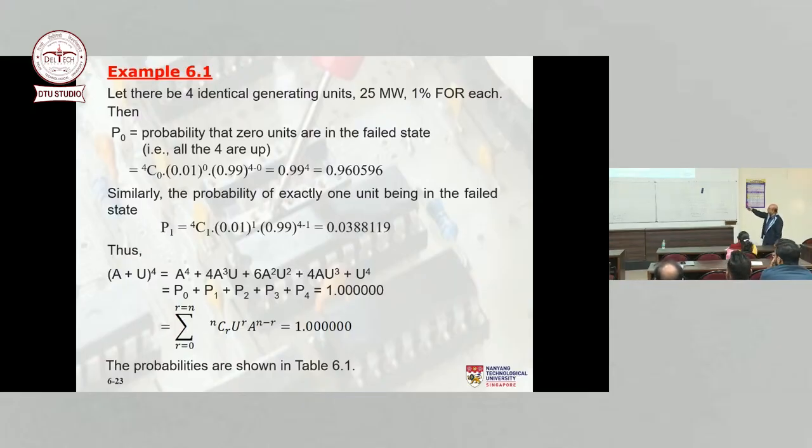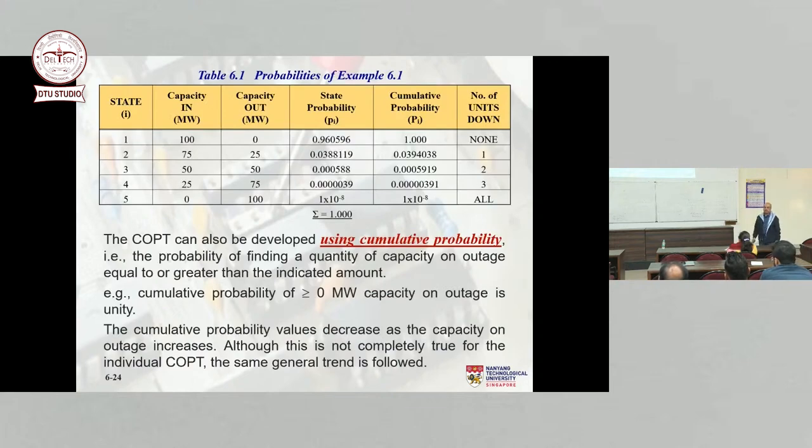Obviously, if you add all the probabilities, they must add up to 1, because you have exhausted all the possible outcomes. 0 failure, 1 failure, 2 failure, 3 failure, 4 failure, because there are 4 generators, right? So now we look at this table, which is called the capacity outage probability table, COPT. This is what it looks like.